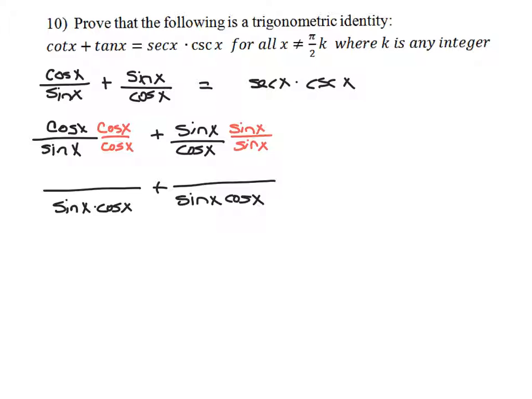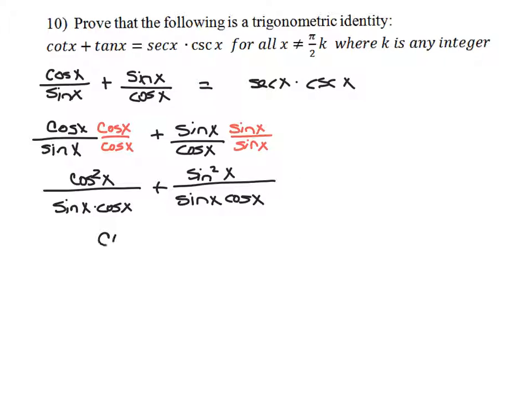Now on the left side, when I multiply together cosine of x times cosine of x, that's just giving me cosine squared of x. On the right side, when I multiply the numerators together, sine of x times sine of x, that is also sine squared of x. Now, don't be tempted to do any cancellation, because if you do, we'll be back at the original problem.